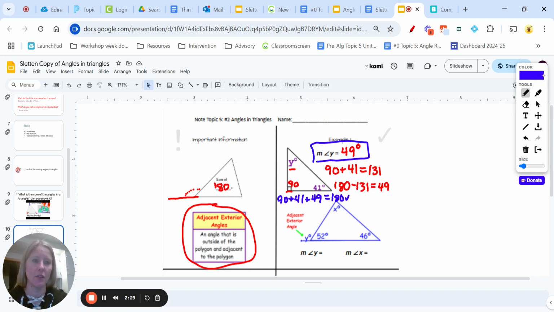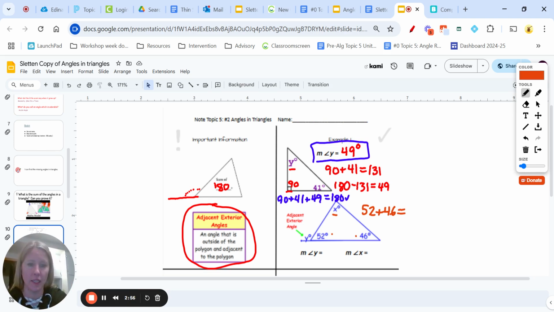All right. Now let's look at this bottom one. When I'm looking inside my triangle, I know 52, 46, and I'm missing x. So I can figure out what x is first. I'm going to add together 52 plus 46 to see how much of the 180 degrees we've used so far.